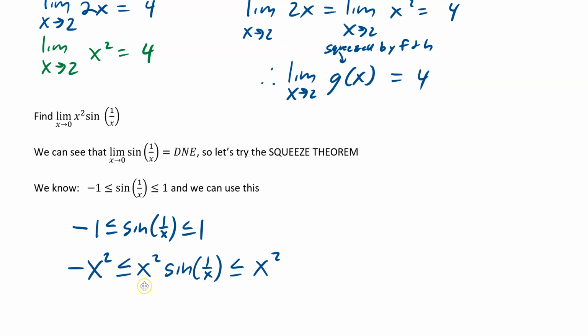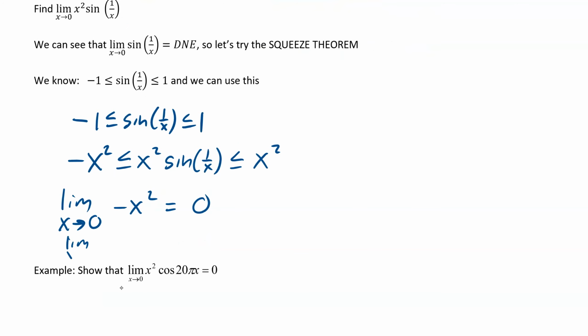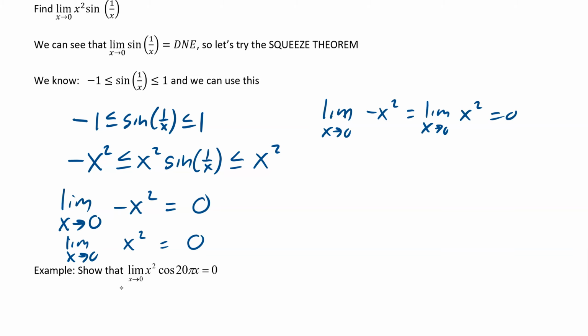Now we can say, what is the limit as x approaches 0 of -x squared? That's 0. And what is the limit as x approaches 0 of x squared? That's also 0. Therefore, which we should probably finish, the limit as x approaches 0 of -x squared is equal to the limit as x approaches 0 of x squared, which is 0.